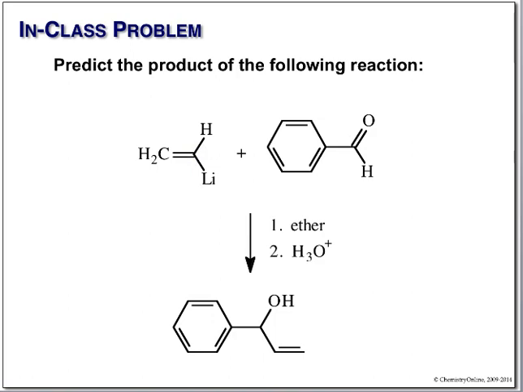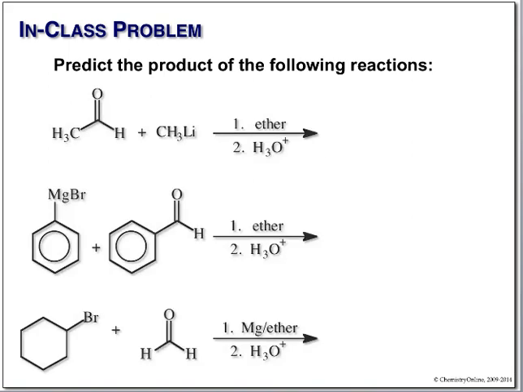Think backwards. All we've done is take this chunk here, the whole vinyl chunk, and we've added it to the carbonyl carbon. It's a secondary alcohol because we started off with an aldehyde. You should be saying to yourself, okay, this is just like a Grignard, isn't it? I can do Grignards, I can do this too. Let's prove it to ourselves by doing so.